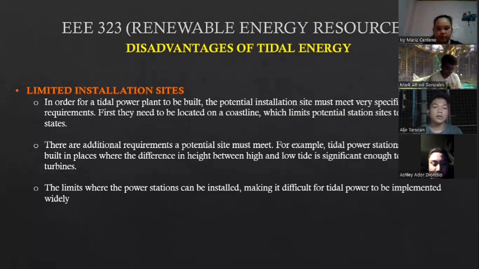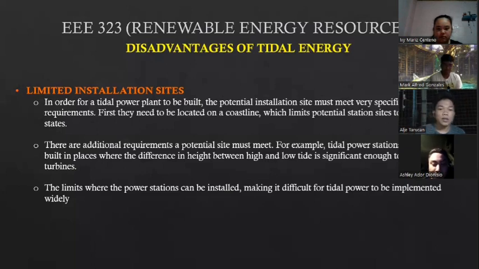In order for a tidal power plant to be built, potential installation sites must meet very specific requirements. Yun nga, dahil masyado siyang komplikado. Kaya limitado lang yung pag-install ng tidal energy.